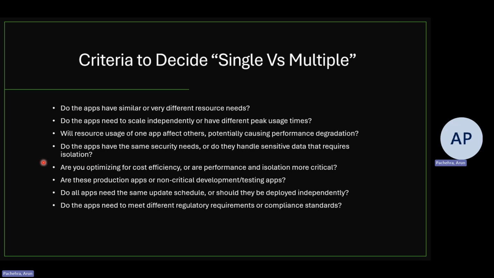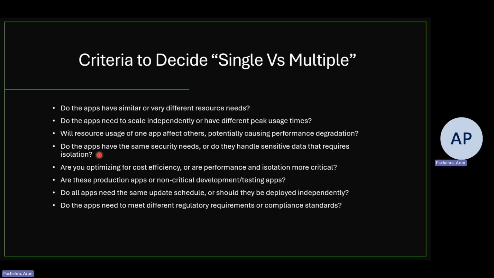So do the apps have the same security needs, or do they handle sensitive data that requires isolation? A single plan is acceptable for applications that have the same security needs and are not handling sensitive data. For example, internal tools or low security applications can share a plan without major risk.